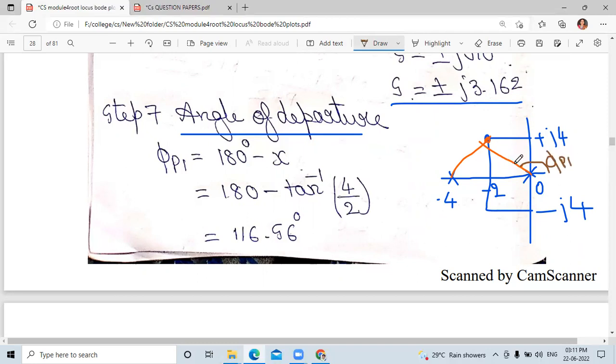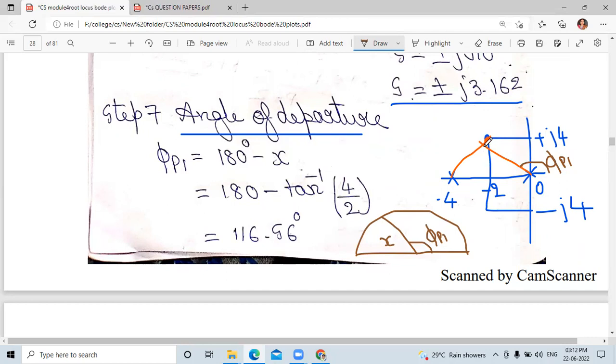We don't know the value of phi 1, so we do 180 minus this angle. For example, if we take this angle as x, then 180 minus x will give us the value of phi 1.